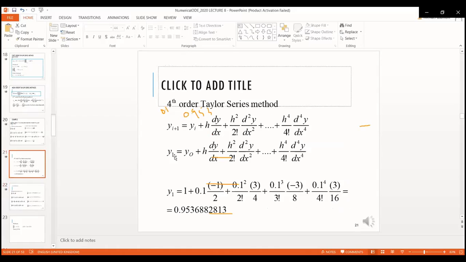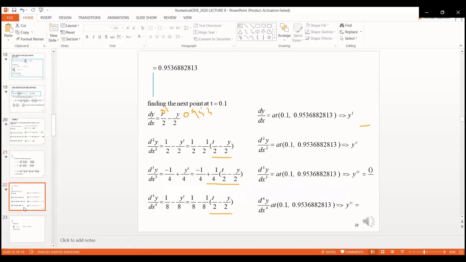Are we clear on that step? Yes, sir. So once you've obtained y2, you come back again and re-estimate with the new y2 value, whilst your t is going to be 0.2.